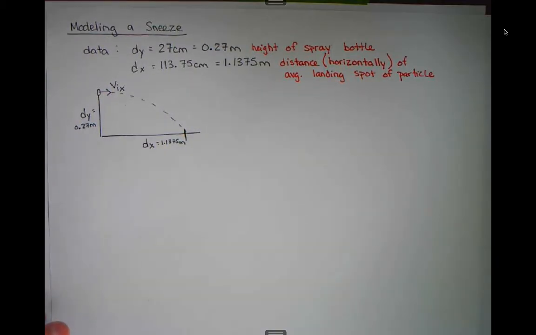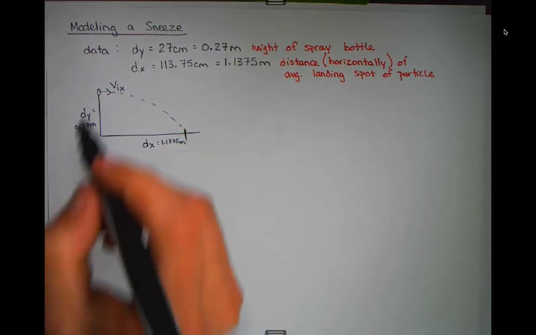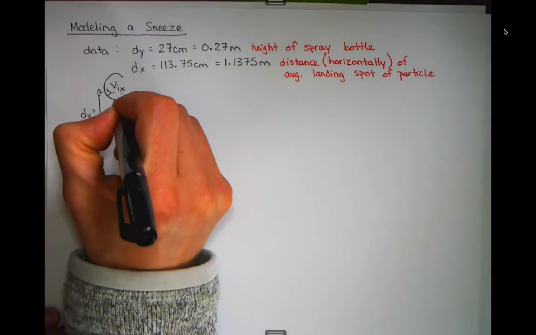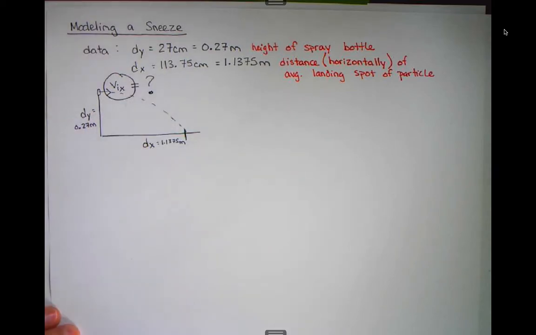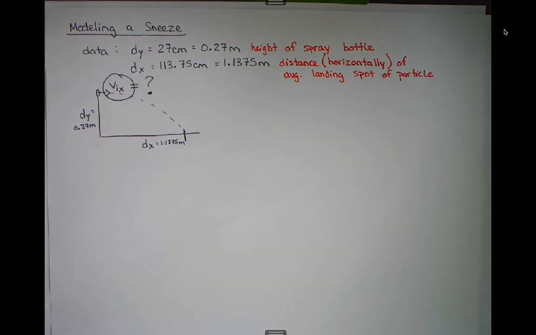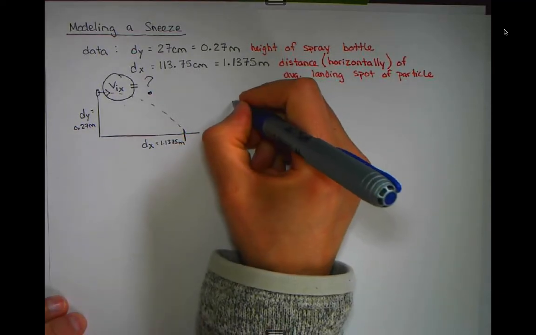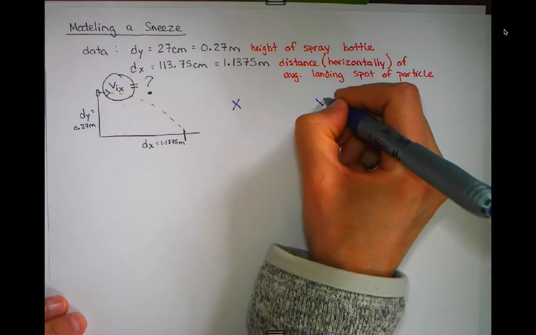So that's what I have going on here. Now, what we want to do is determine this value. This is our big unknown. We want to figure out how fast those particles are traveling when they come out of the spray bottle. Essentially, when you sneeze, how fast are those particles moving? So I'm going to create a nice big XY chart. Remember these?